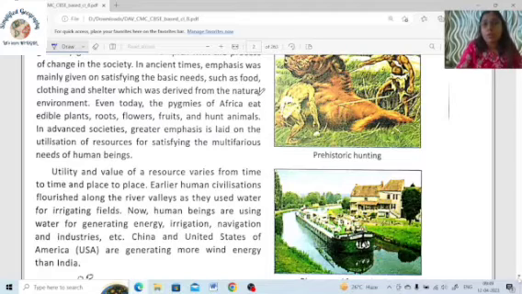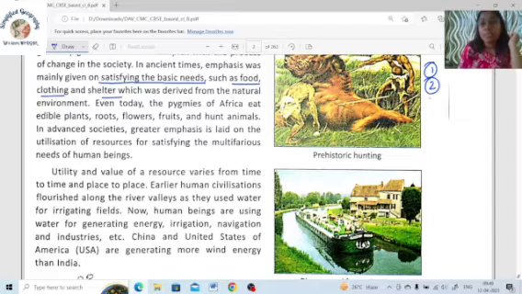They were giving emphasis only to satisfying the basic needs such as food, clothes and shelter. So food and water is needed, shelter, and third is clothes. Clothes to adorn their body, shelter to live, and food and water to sustain on this planet.